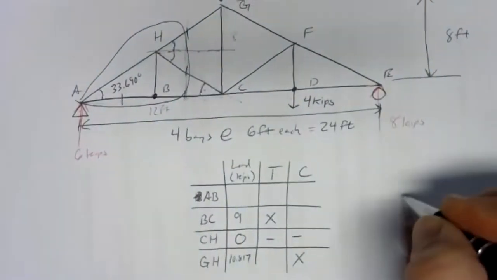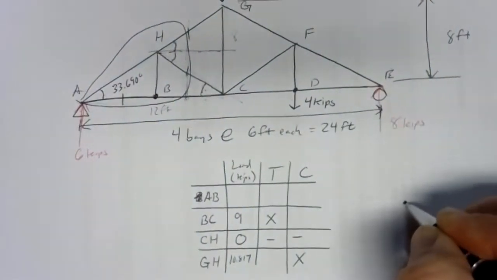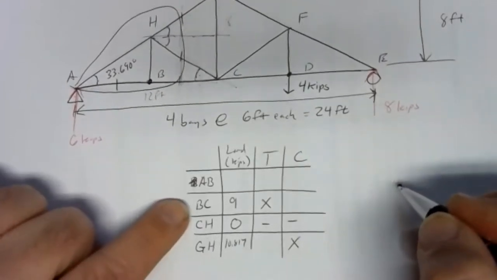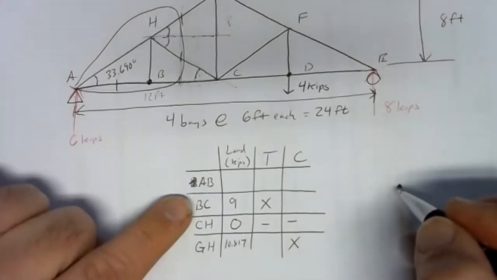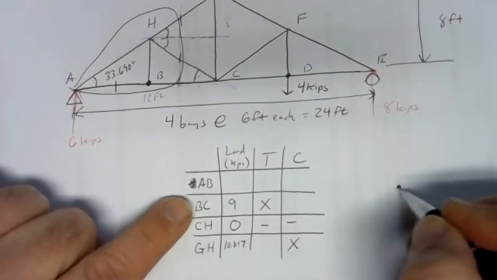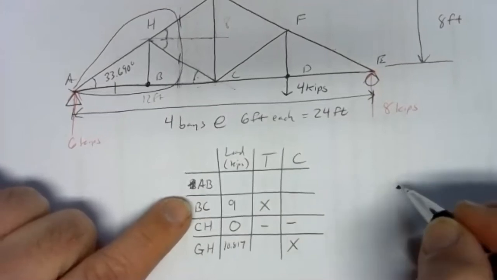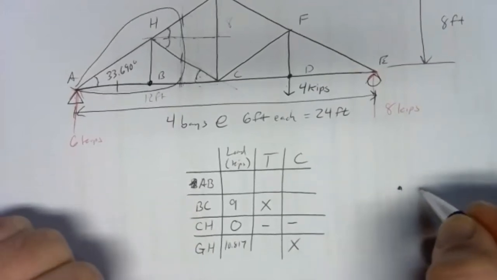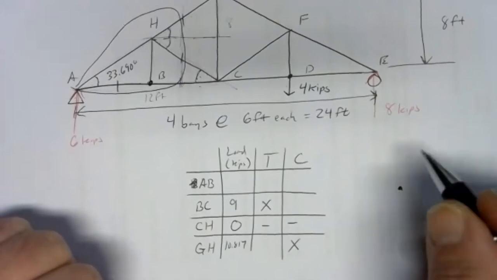If we draw our free body diagram for joint B, it's going to look something like this. We've got member BC, and we know that it carries 9 kips in tension. From the point of view of method of joints, tension shows the joint being pulled toward the member.